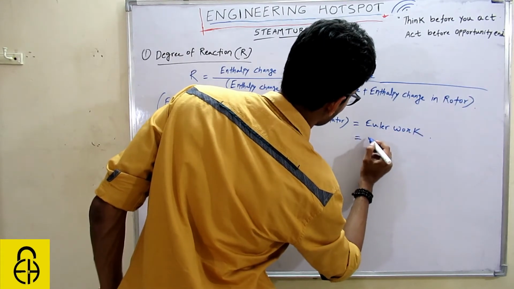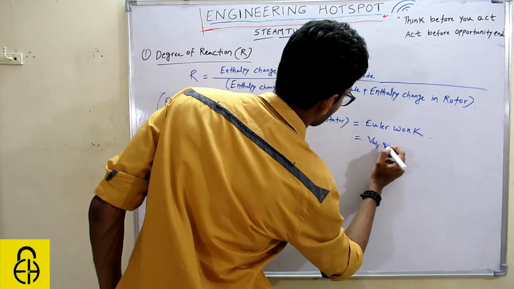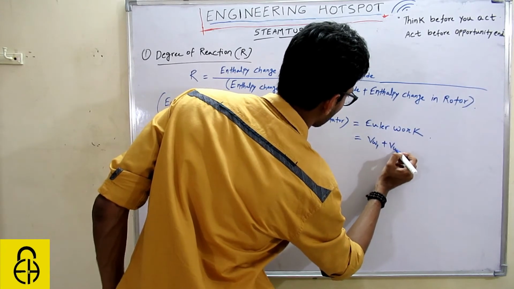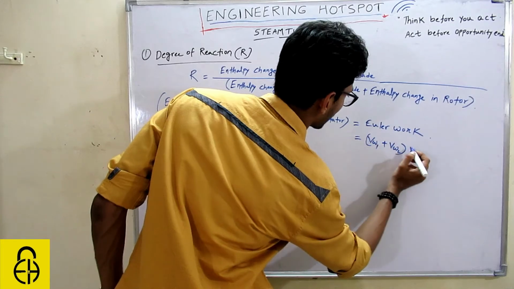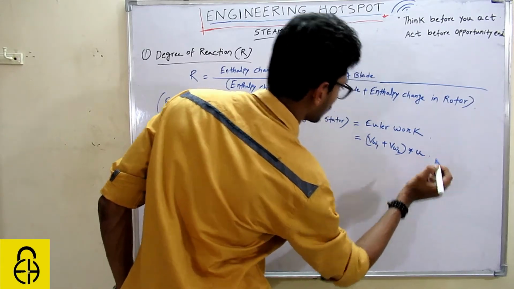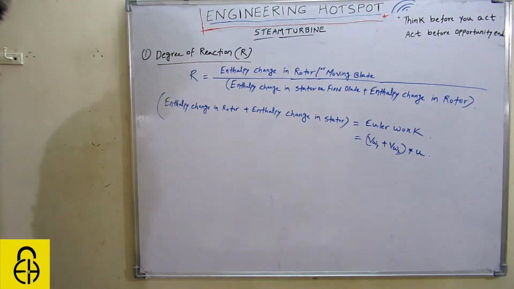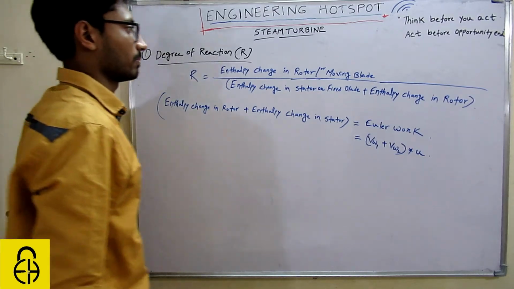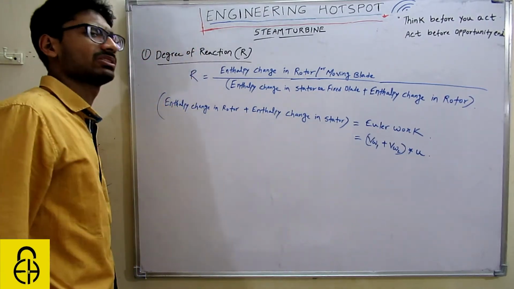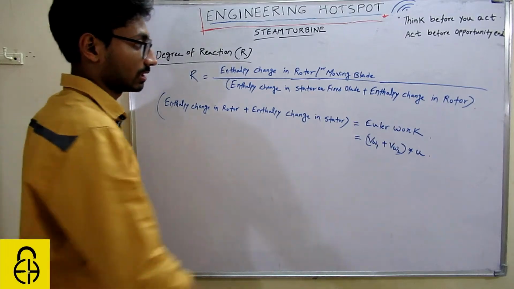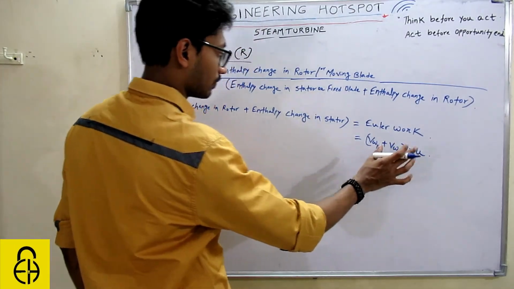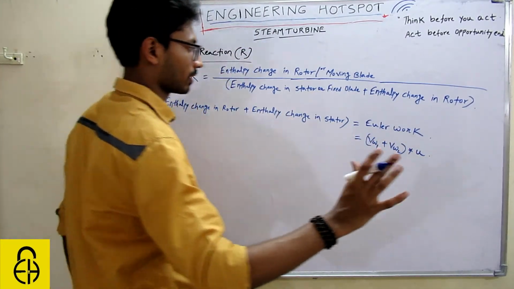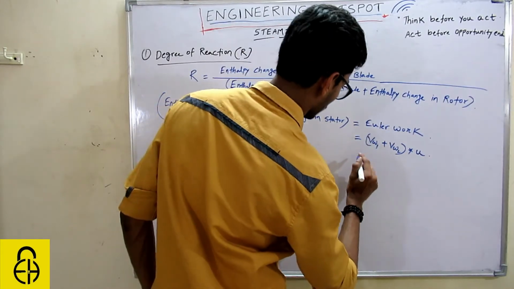We have seen that in this case it will be VW1 plus VW2 into U. If it is a backward curve blade, and we generally use backward curve blades, this is applicable for backward curve blades. Remember, I have shown you.